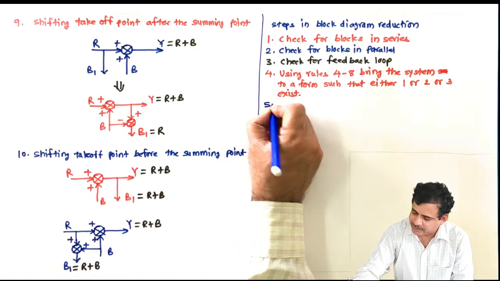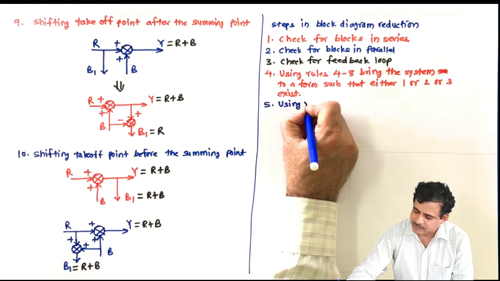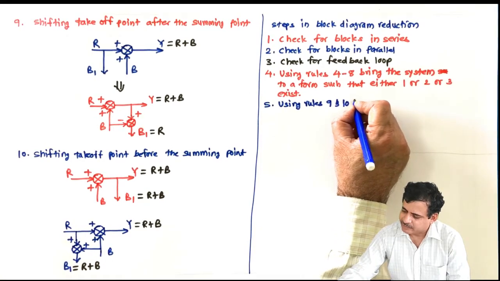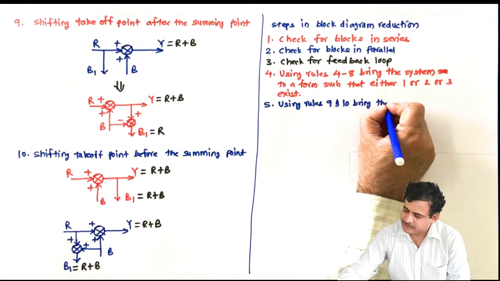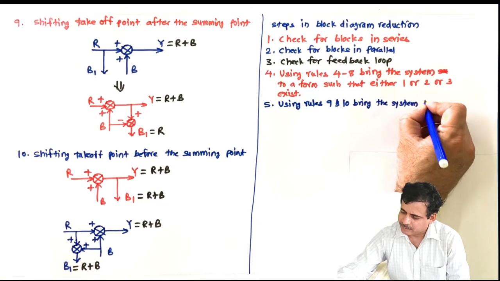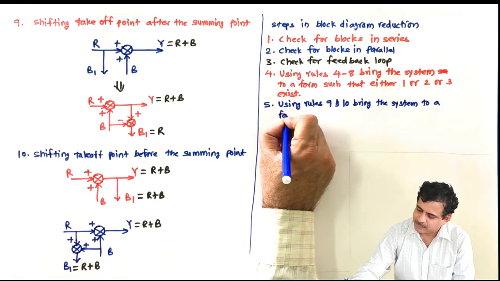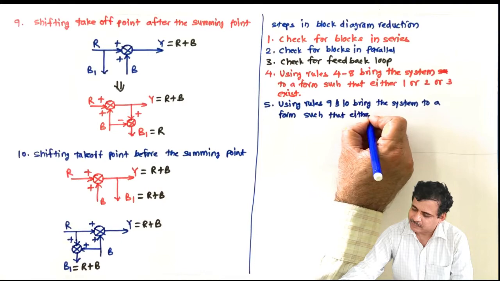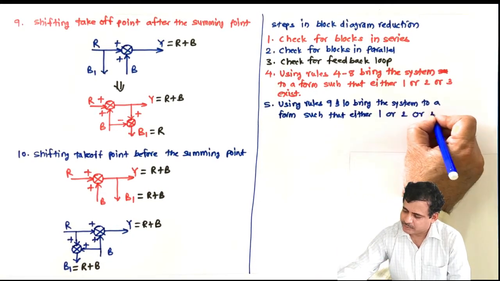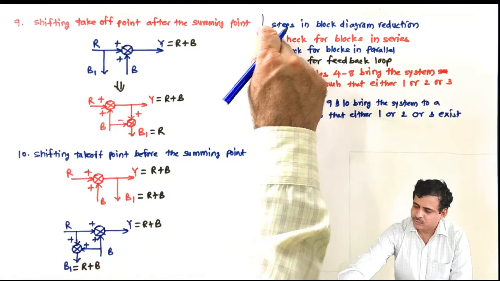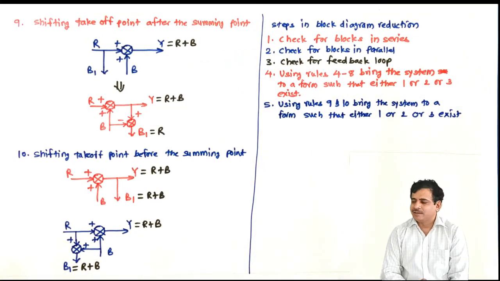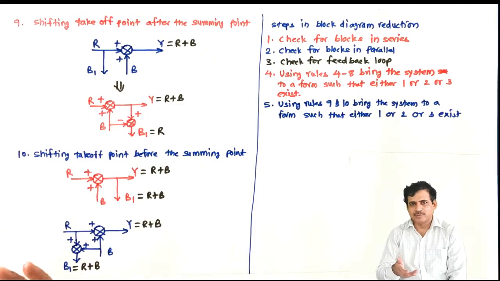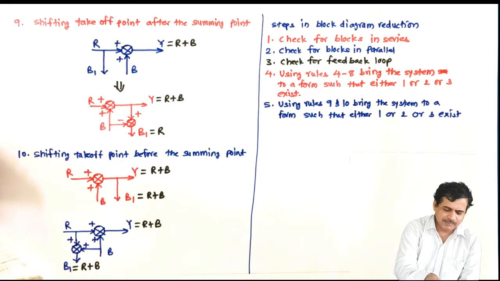If that is not possible, then using rules 9 and or 10, bring the system to a form such that either 1 or 2 or 3 exist. 1 or 2 or 3 means 1 or 2 or 3. So if 1 is existing, then again check for 1. If not, move for 2. If not, move for 3, and so on, and bring it to the form.